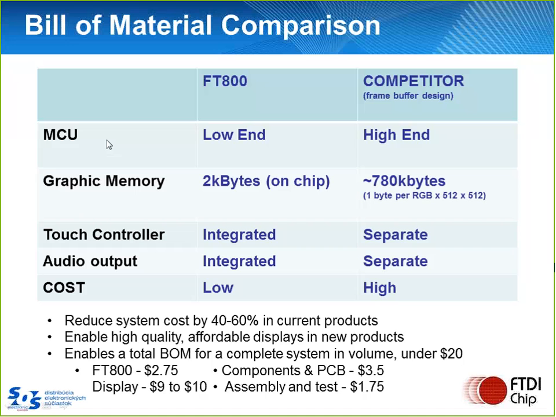In the graphic, you will see that there's a massive difference in terms of the hardware required as well. So all in all, for high volume solutions, say 100,000 pieces per year, you can achieve a complete human interface, graphic user interface solution for $18 to $20. The individual component costs are listed at the bottom.